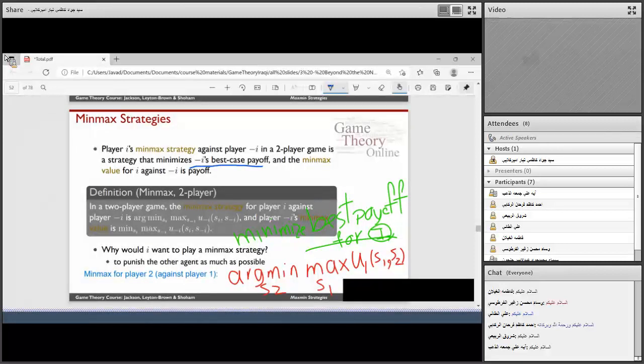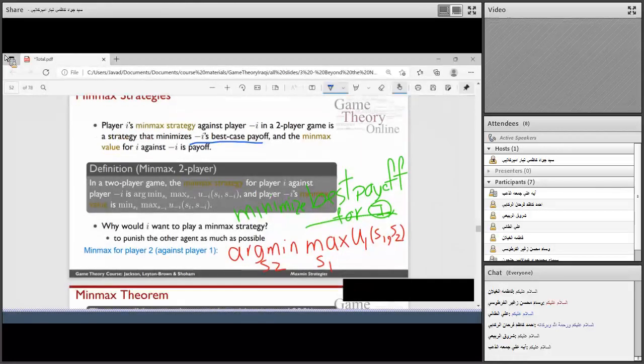So basically, in our situation, suppose we want to minimize best payoff for player 1. So player 2 wants to minimize the best payoff for player 1. So this is basically the minimax for player 2 against player 1.